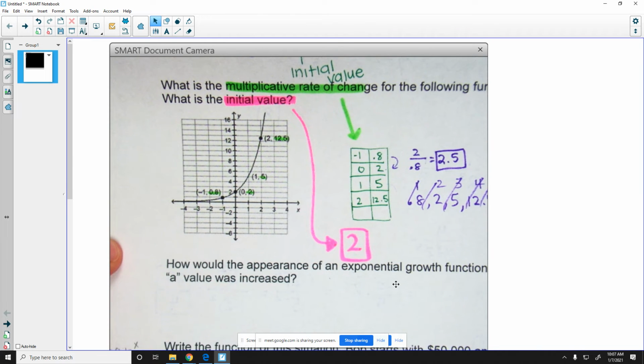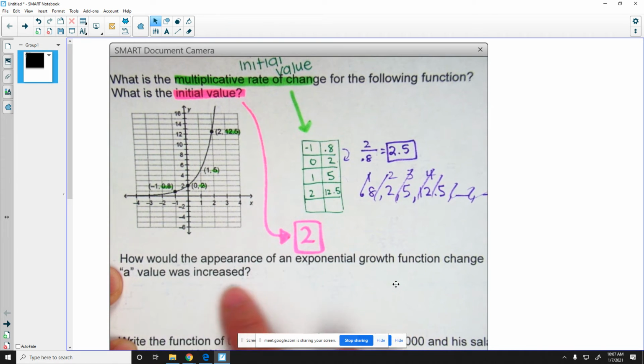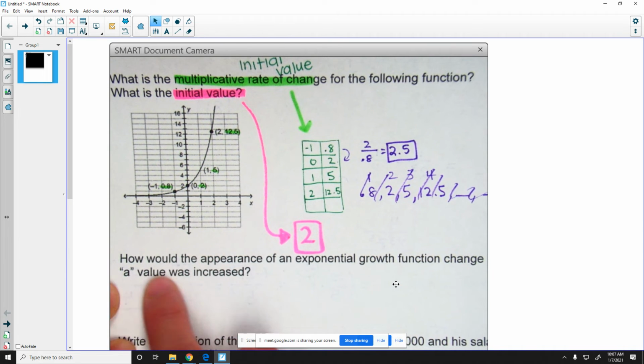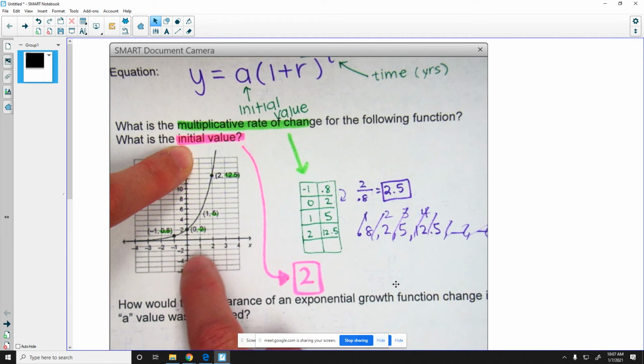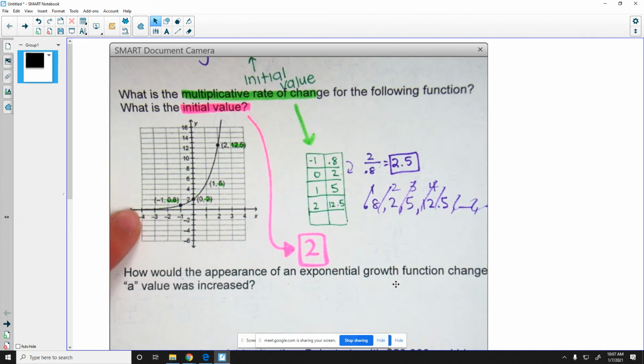Okay. So how would the appearance of an exponential growth function change if the A value was increased? So initial value is your A. If this initial value was increased, if it got bigger, how would your picture look?